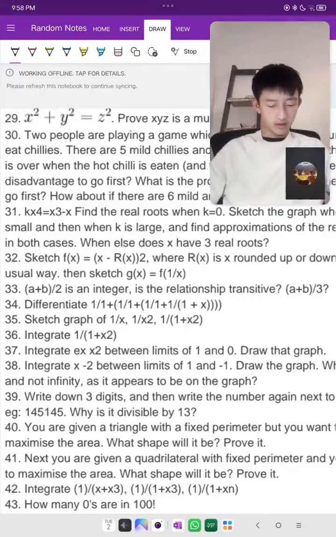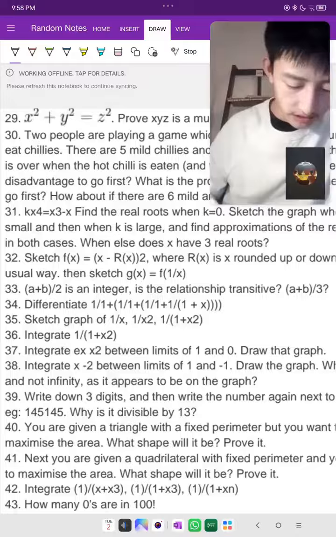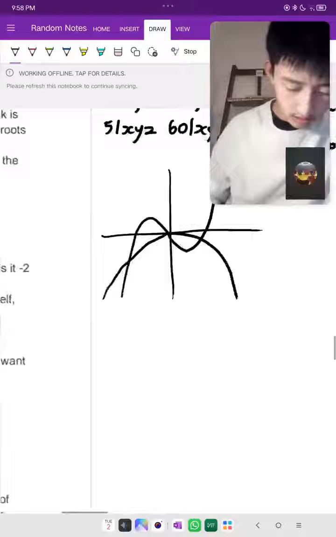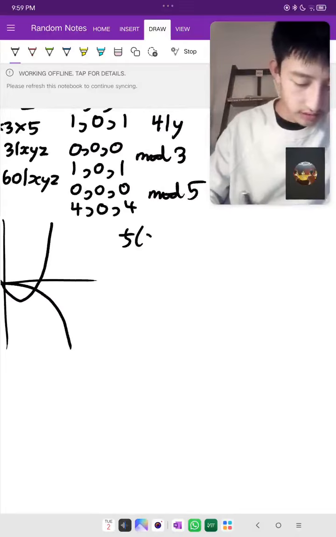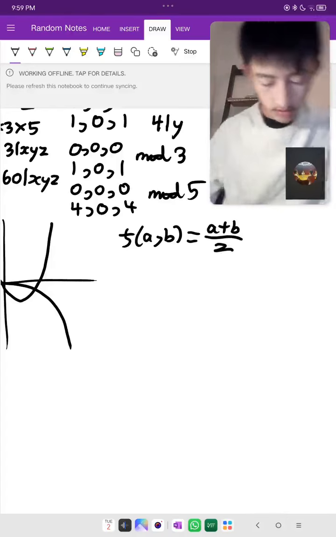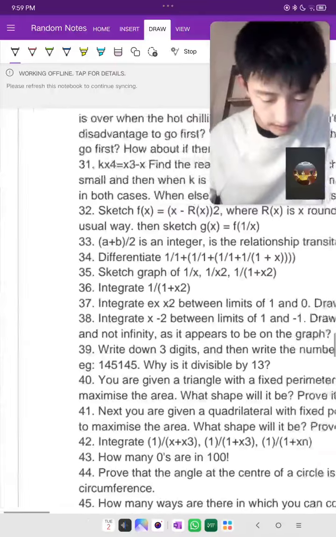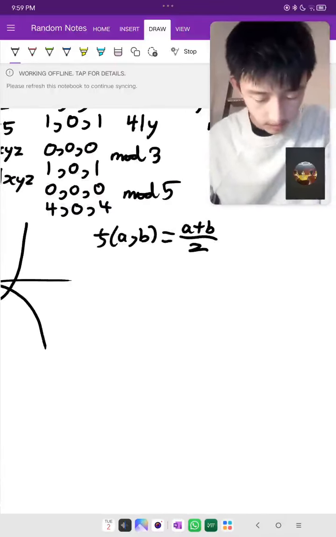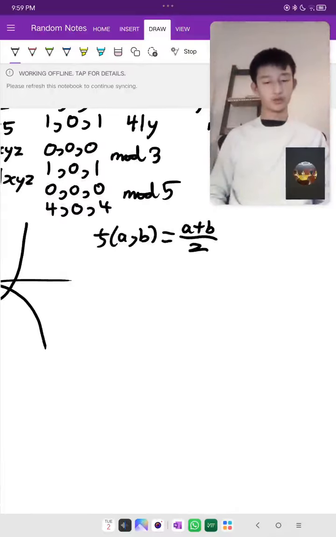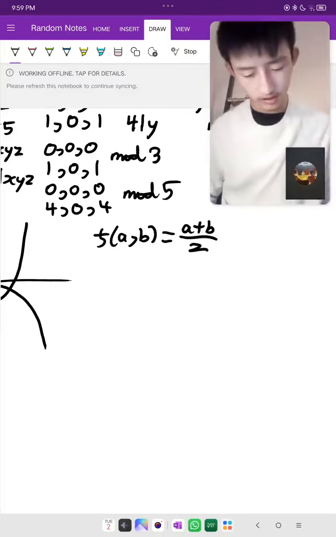So, okay, if I define a function sort of f of a, b is equal to a plus b over 2, and this is an integer, then if I do this plus something else over 2, then the first thing has to be equal to the last thing.